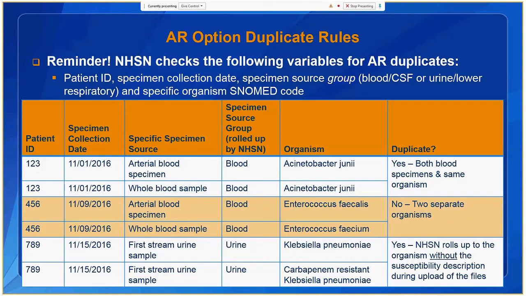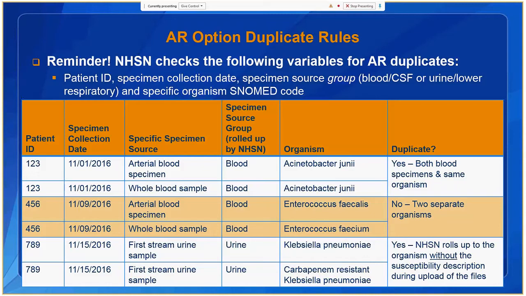However, in NHSN, those both roll up to the blood specimen source group. Within both of those specimens, Acinetobacter juni was collected. So are those duplicates? The answer would be yes, because NHSN considers them duplicates because both are blood specimens and the same organism was identified in both.